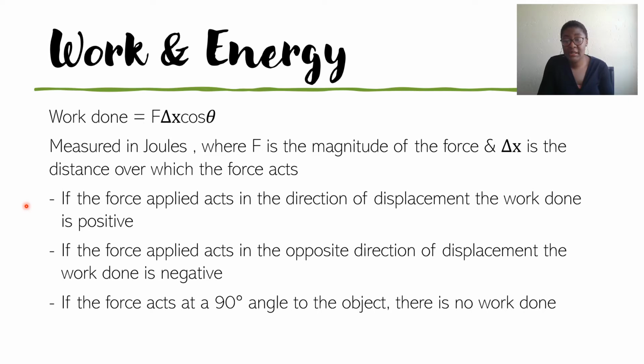Now, if the force applied acts in the direction of the displacement, the work done is positive. If the force applied acts in the opposite direction of displacement, the work done is negative. If the force acts at a 90-degree angle to the object, there will be no work done, and we will see this in an example just now.